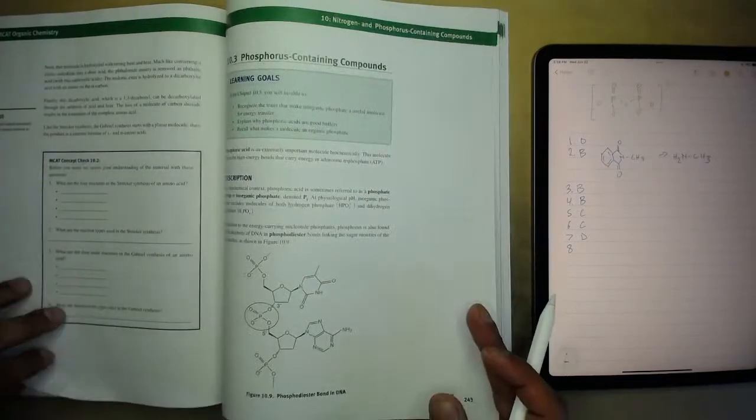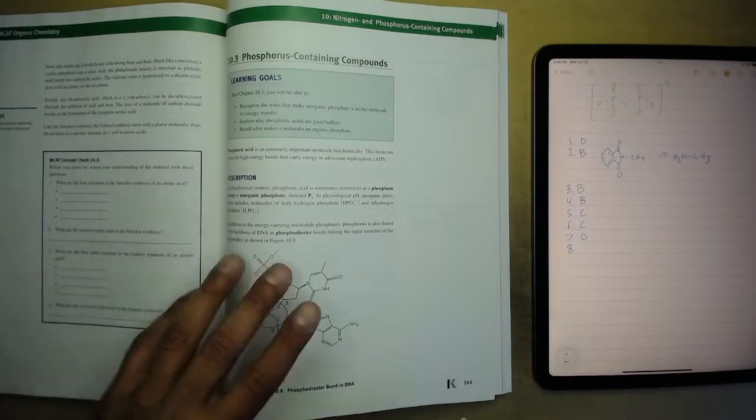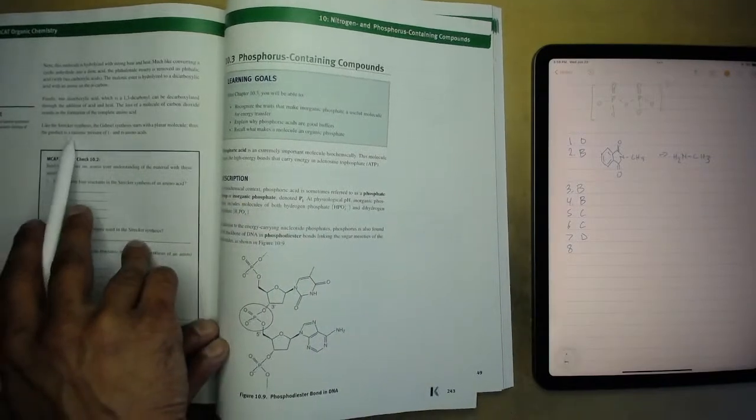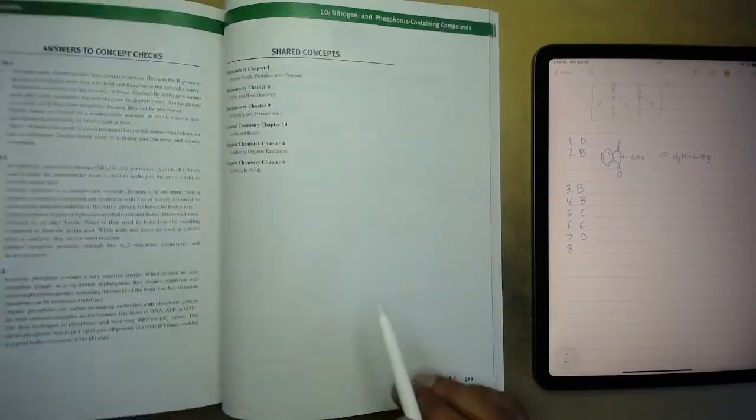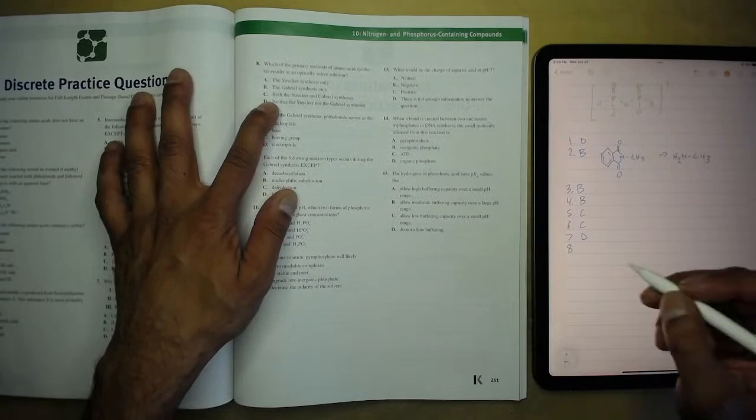Let's double check. I don't think I wrote that down. It's in the chapter, though. Like the Strecker synthesis, the Gabriel synthesis starts with a planar molecule. Thus, the product is a racemic mixture of L and D amino acids. So that applies to both of them. 8 is going to be C.